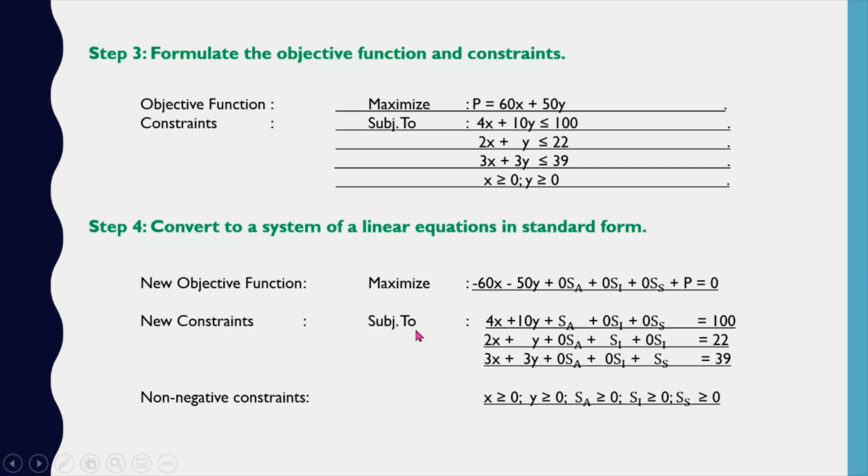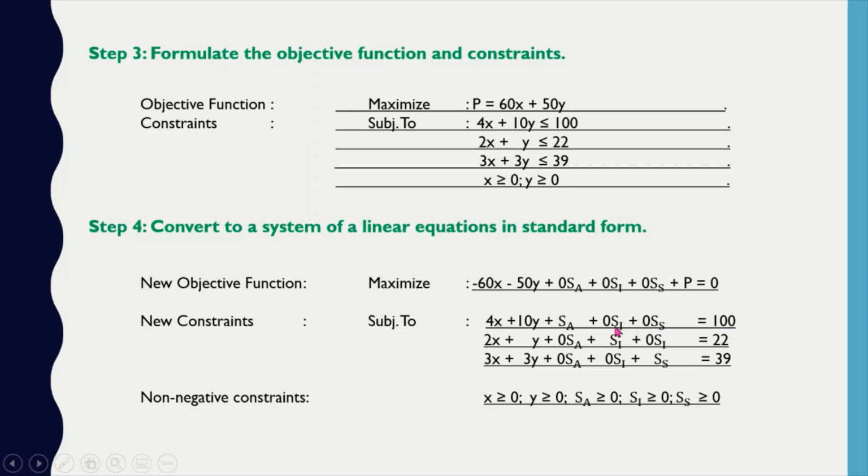Then for our constraints, we have three constraints. The first equation is to be written in standard form, so we're going to align all the variables: x here, y here, SA, which is the slack variable for assembly, the slack variable for inspection, and the slack variable for storage space.